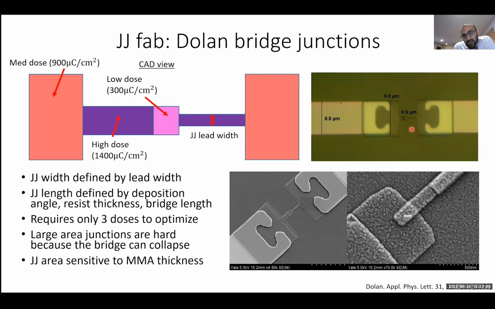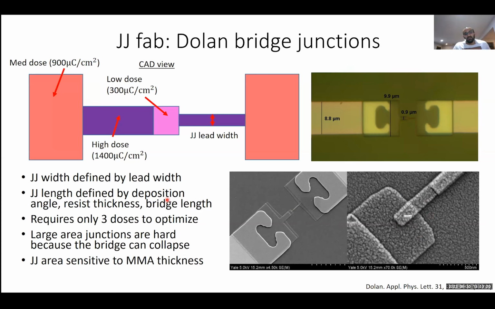If you look closely, that's the bridge. That's the area where there's just a bridge of PMMA, and underneath it, there's nothing. And then after deposition and liftoff, this is what the pattern will look like. If you zoom in very closely in here, there's your Josephson junction.